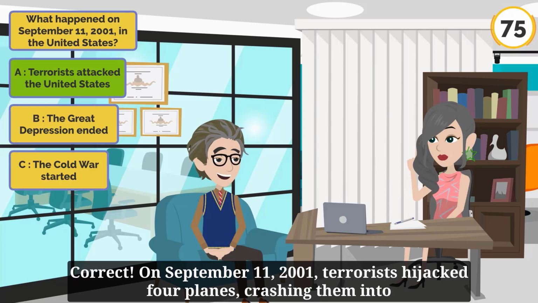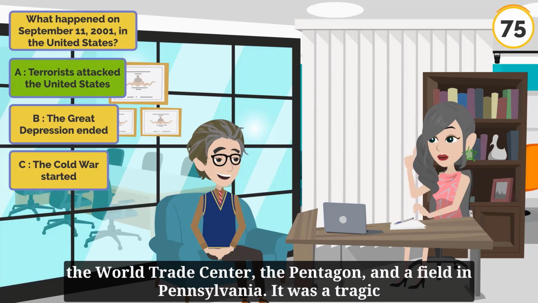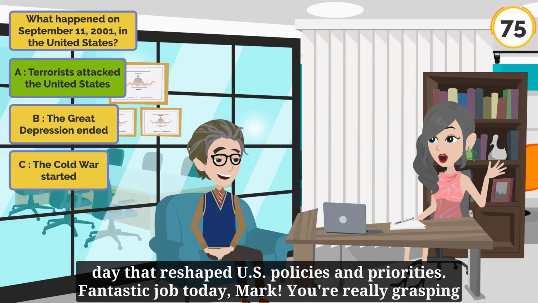Correct. On September 11, 2001, terrorists hijacked 4 planes, crashing them into the World Trade Center, the Pentagon, and a field in Pennsylvania. It was a tragic day that reshaped U.S. policies and priorities.